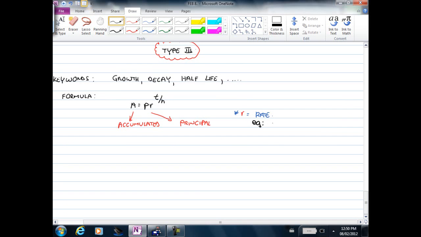If I say the word doubles, R equals 2, by logic, because double means 2. If I say triples, right off the bat, we know R equals 3. There's no twist, no tricks, no nothing.